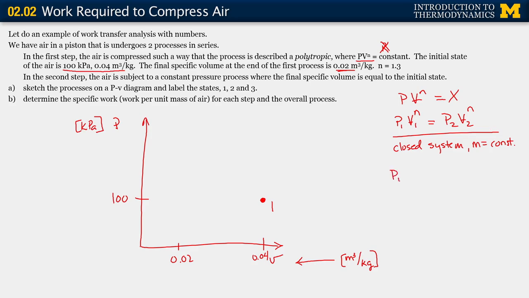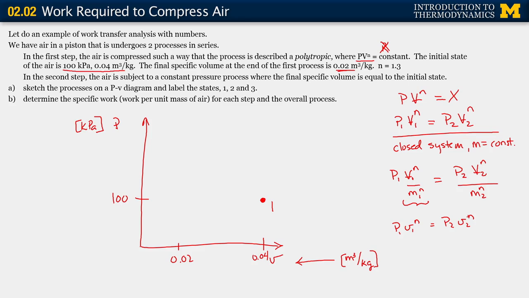So take, for example, each side of this expression and divide it by the mass raised to the n power. Volume. Okay. Well, this term is simply the specific volume.